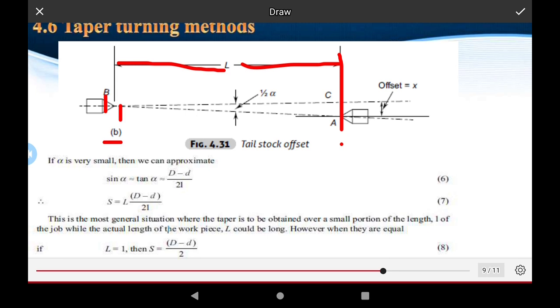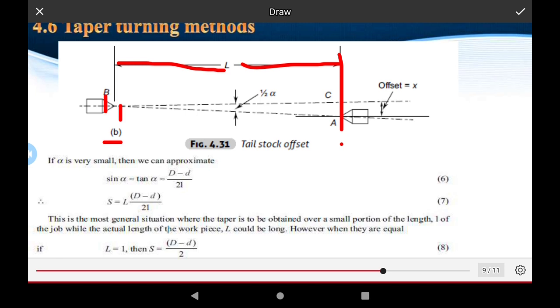And if alpha is a very small angle, then approximately sine alpha is equal to tan alpha.